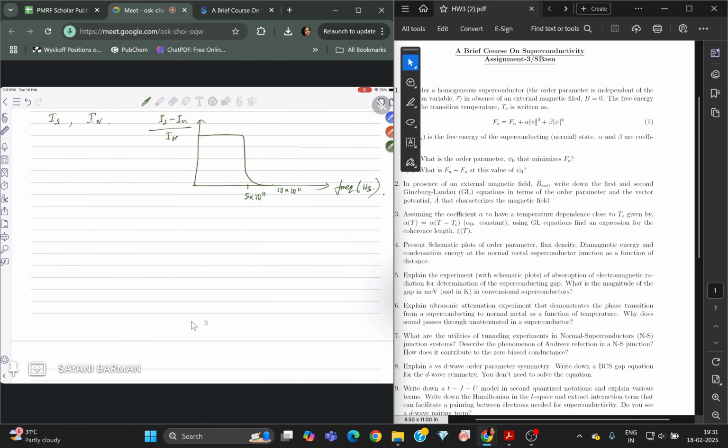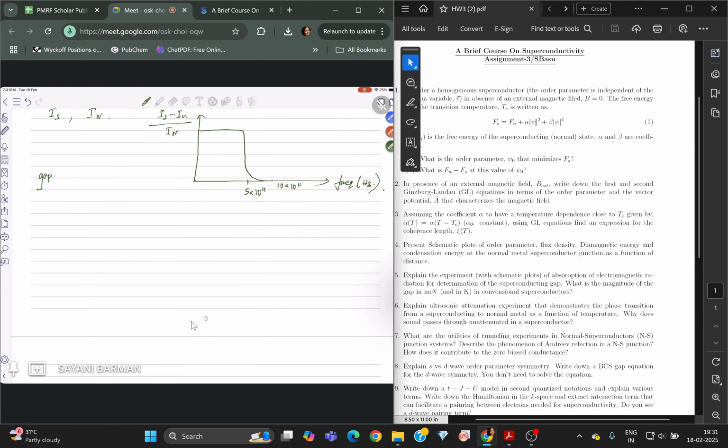So the gap in millielectron volt would be around 10 millivolt, and in Tc terms, it is 15 Kelvin.